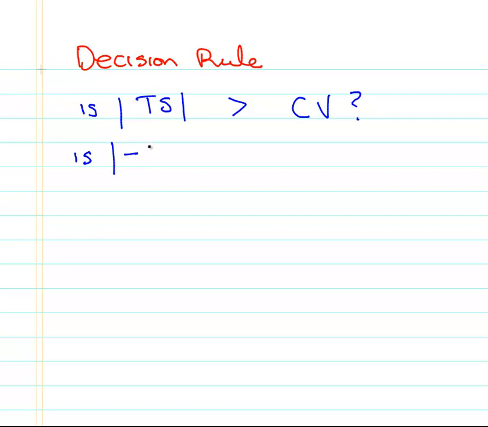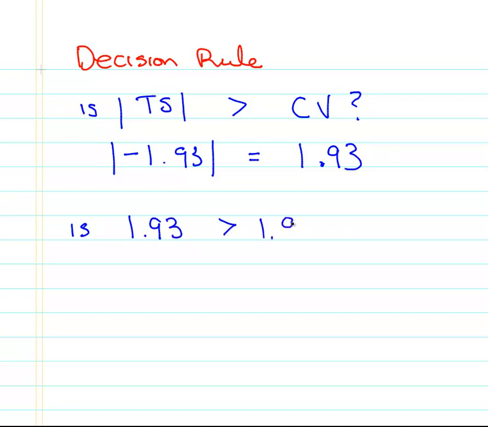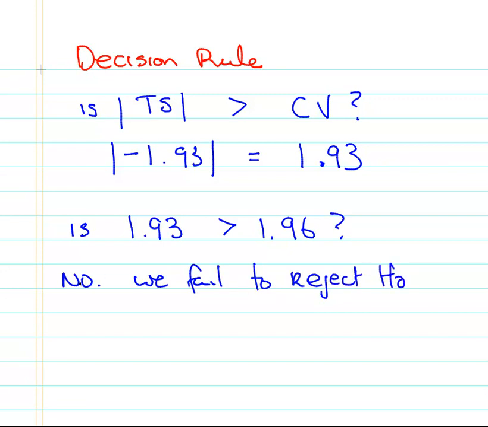The absolute value of minus 1.93 is simply 1.93. So is 1.93 greater than 1.96? No. We fail to reject the null hypothesis. So not enough evidence to suggest change.